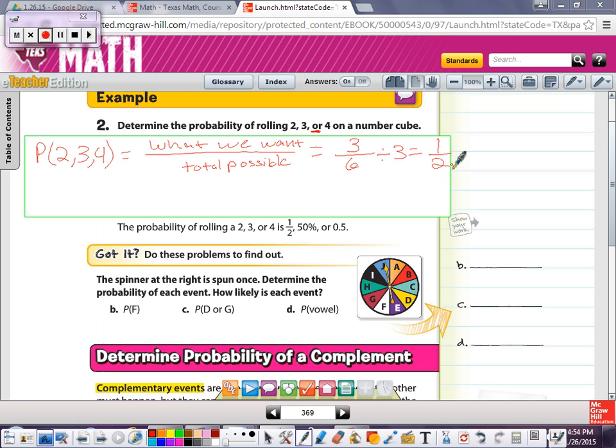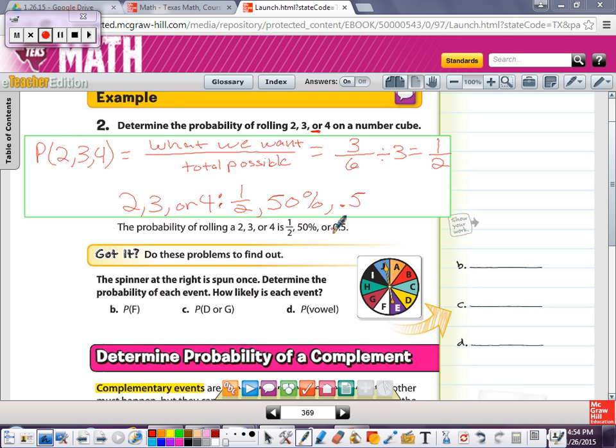My probability is 1 in 2, or 50%, or 0.5, which I just noticed is right here. So the probability of rolling a 2, 3, or 4 is 1/2, 50%, or 0.5.